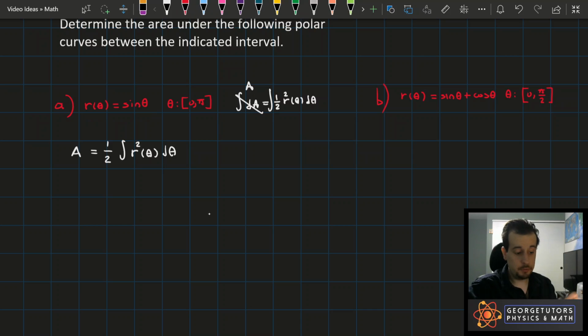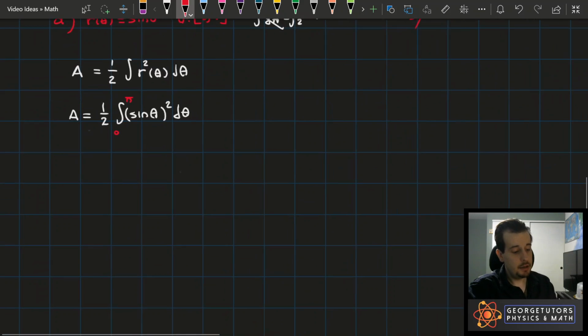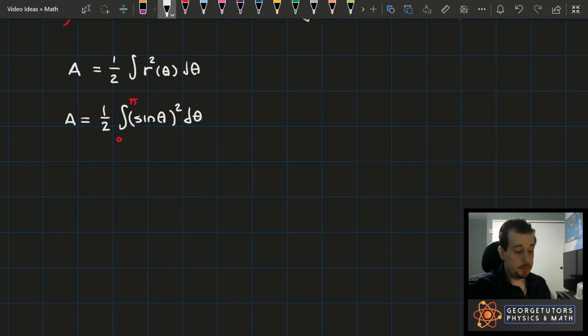So that's what's going to go in there. We're going to have 1/2 sine squared theta d theta, and they've been kind enough to give us the bounds, from 0 to pi. Now the question is how you integrate this.